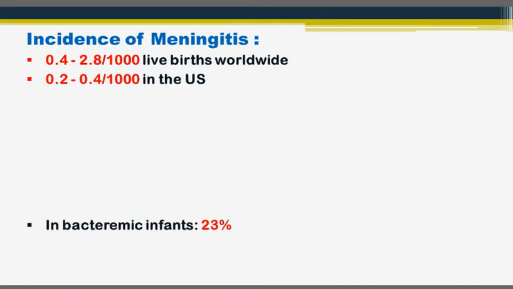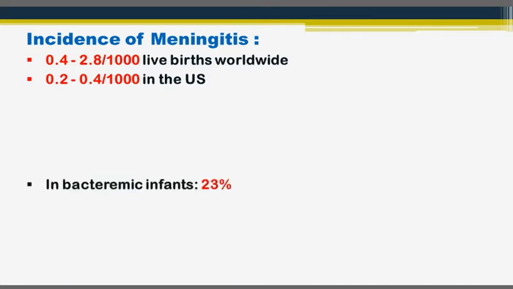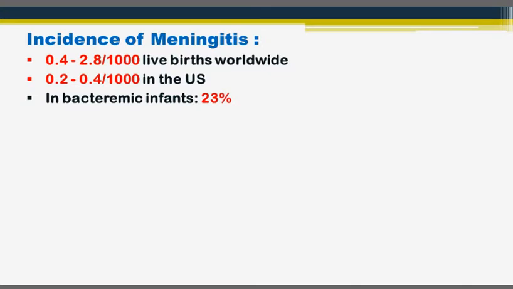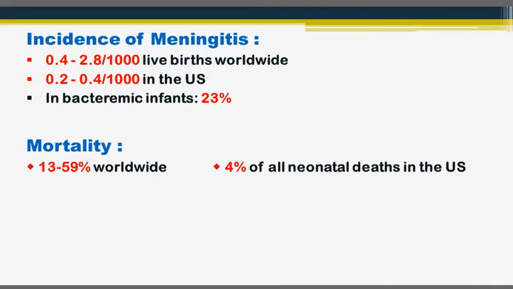While in bacteremic infants, meaning the presence of the bacteria or its toxin inside the circulation, it will be about 23%, increasing in the percentage. The mortality due to meningitis, you can see here, is maybe 60% worldwide and 4% of all neonatal deaths in the United States.